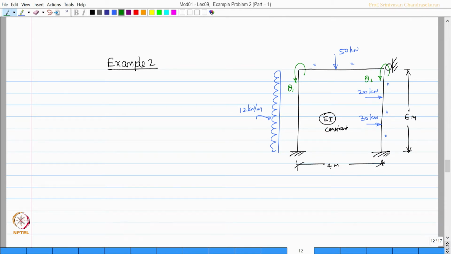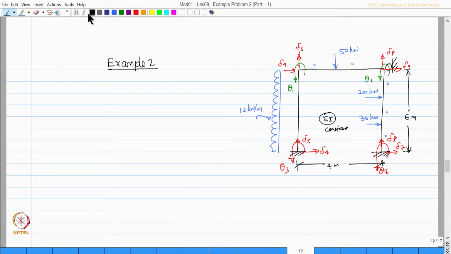These are the two unrestrained degrees what we have, and the restrained degrees are going to be theta 3, delta 4, delta 5, and no axial deformation, therefore, delta 5, theta 6, delta 7 and delta 8, no axial deformation, therefore, delta 8 and delta 9.